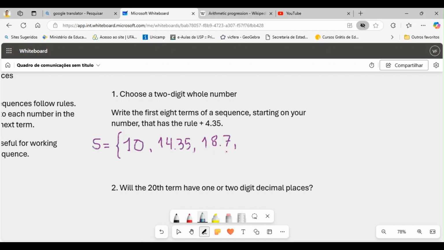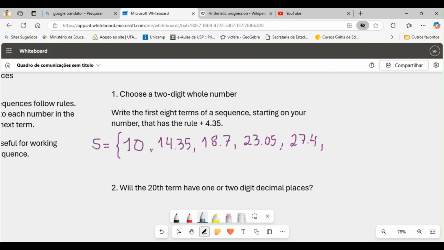So the fourth is 18.7 plus 4.35, so that results in 23.05. Okay, and then plus 4.35 equals 27.4, or just 4, it's okay.